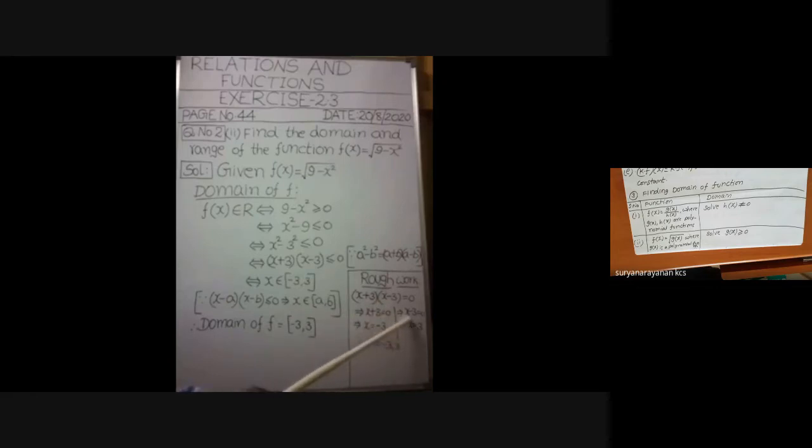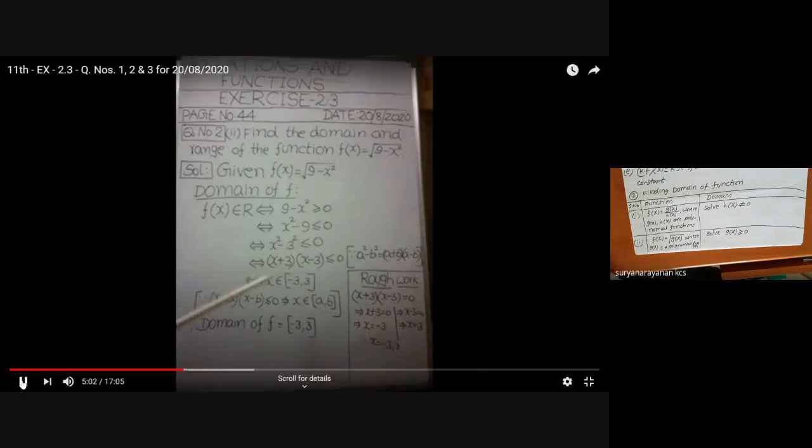Similarly, from the other equation, we get x is equal to 3. So these are the values of x: x is equal to minus 3, 3. Understood these values of x, my dear children? Understood these steps, how to find the domain of these functions?